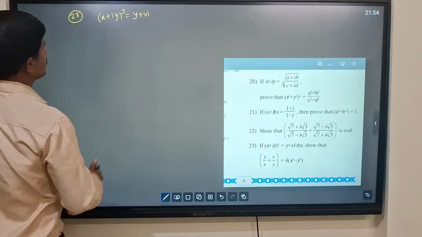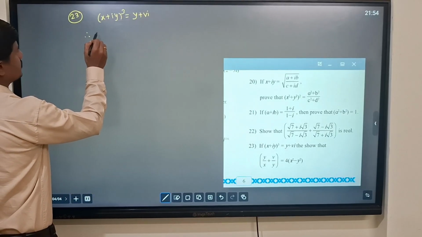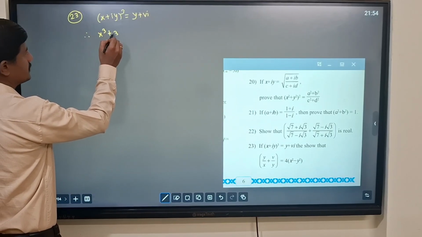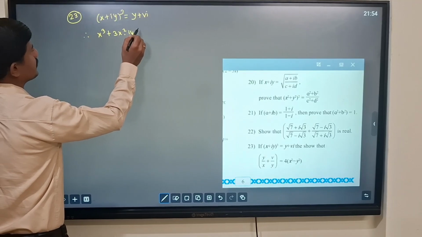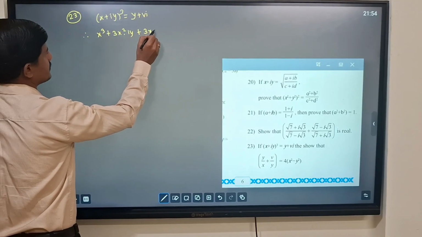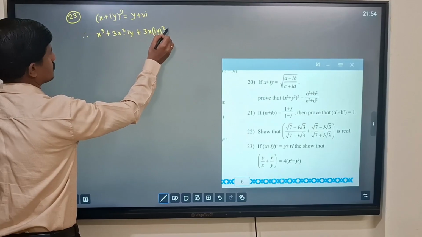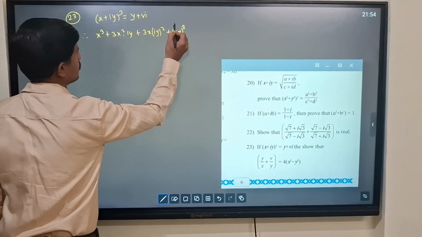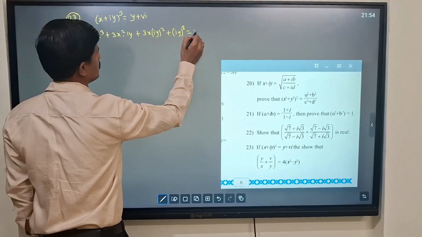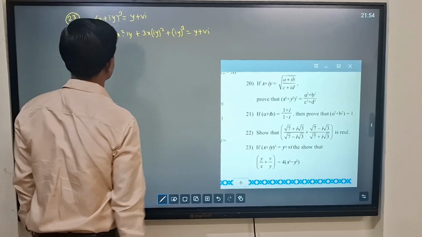Okay, so we will take the cube of this term. This becomes x cube plus 3 x square iy plus 3x iy square plus iy whole cube is equal to y plus vi.